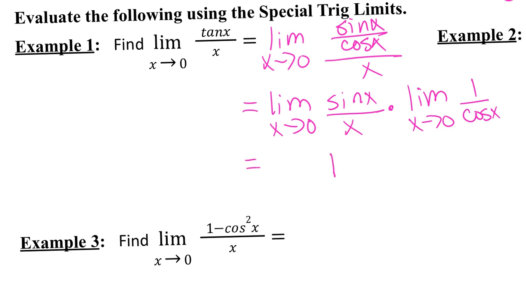So we know this one right here equals 1, correct? So if I plug in 0 to cosine x, I get 1 over 1. So therefore I get an answer of 1. We okay with that? So this is another one to memorize. Tan x over x is going to be 1.